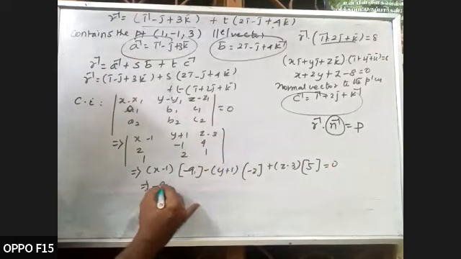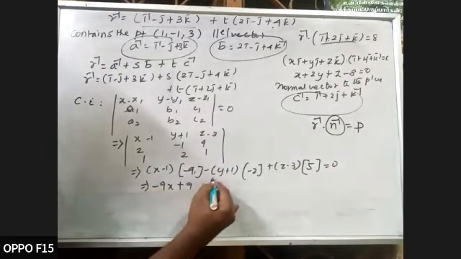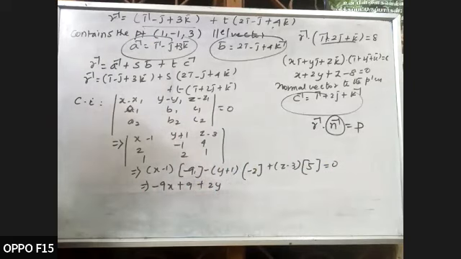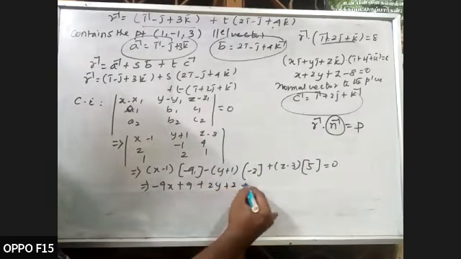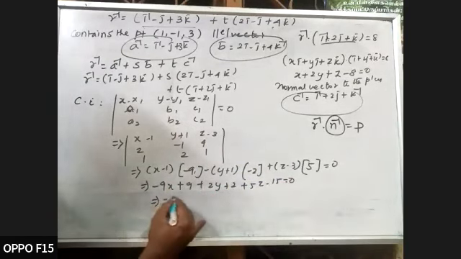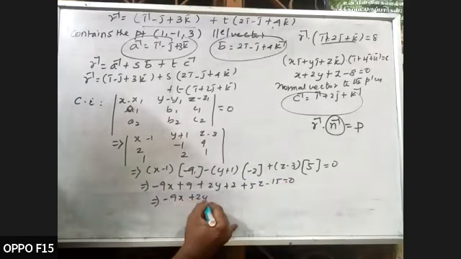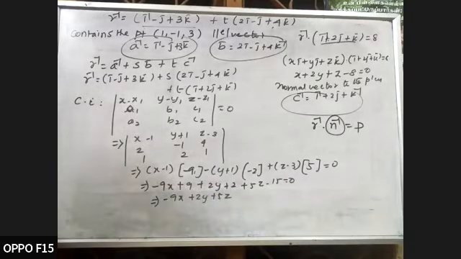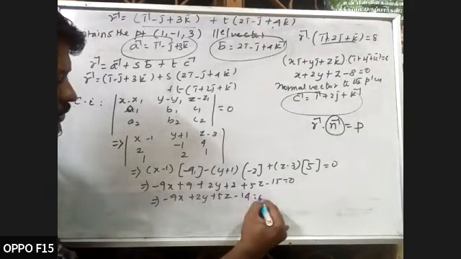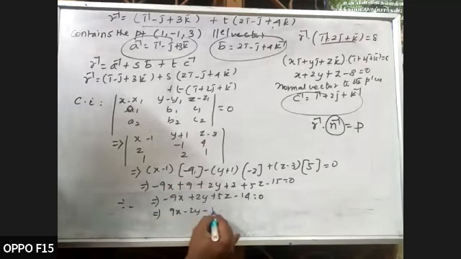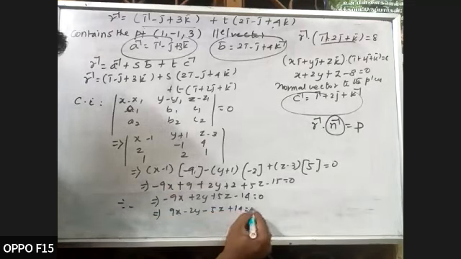I can write this as minus 9x plus 9 plus 2y plus 2 plus 5z minus 15 equal to 0. Now minus 9x plus 2y plus 5z, 9 plus 2 is 11, 11 minus 15 which is equal to minus 14, equal to 0. Dividing throughout by minus 1, we'll get 9x minus 2y minus 5z plus 14 equal to 0.